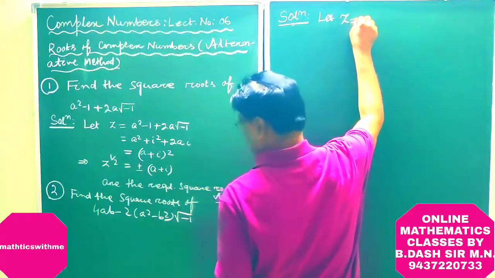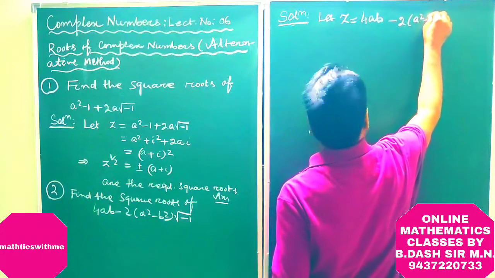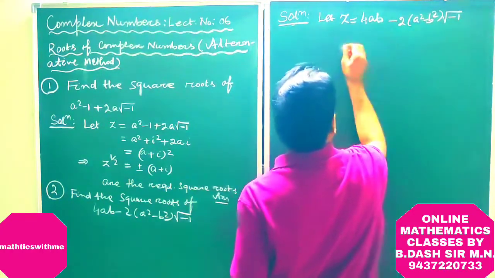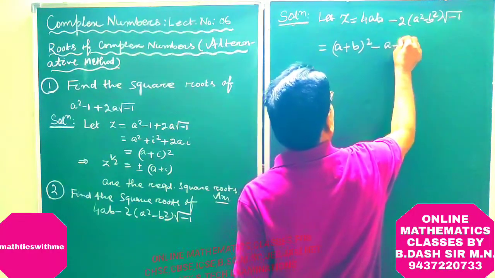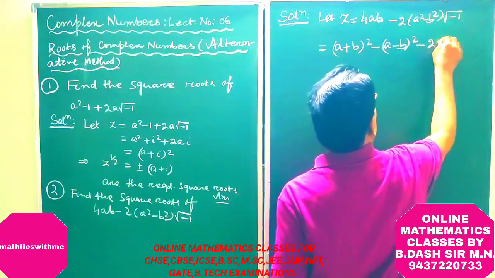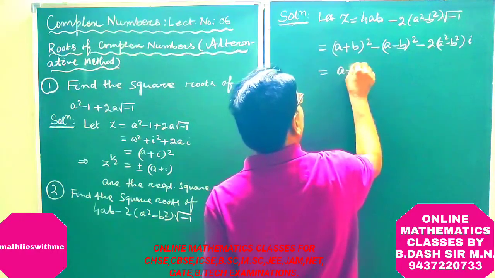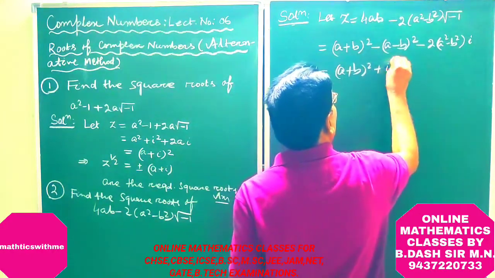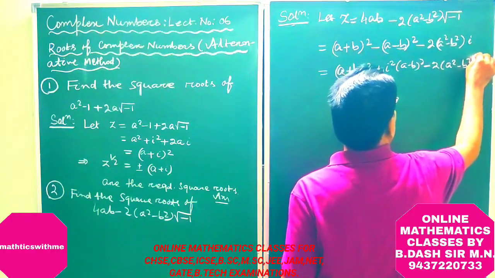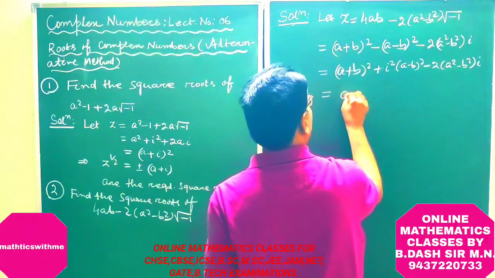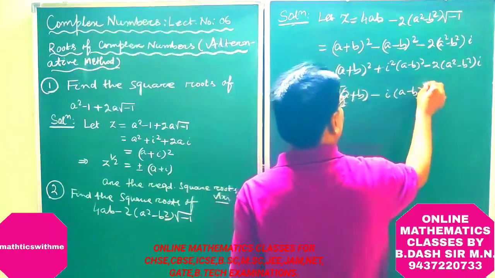Let z = 4ab − 2(a² − b²)√−1. This equals (a + b)² − (a − b)² − 2(a² − b²)i, which is (a + b)² + i²(a − b)² − 2(a² − b²)i. This equals (a + b − i(a − b))².